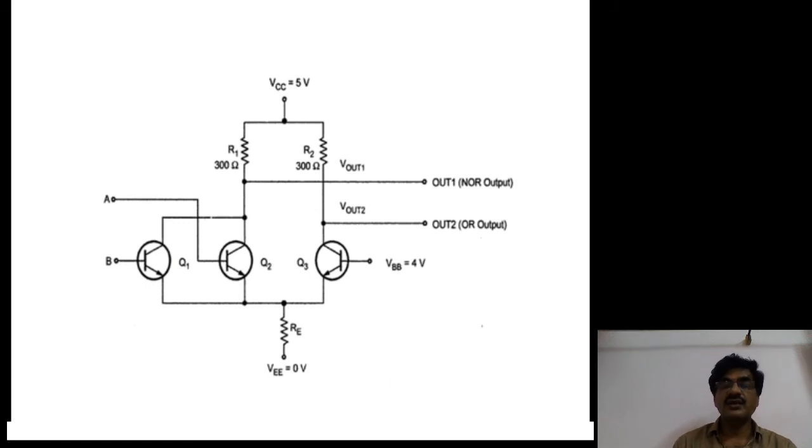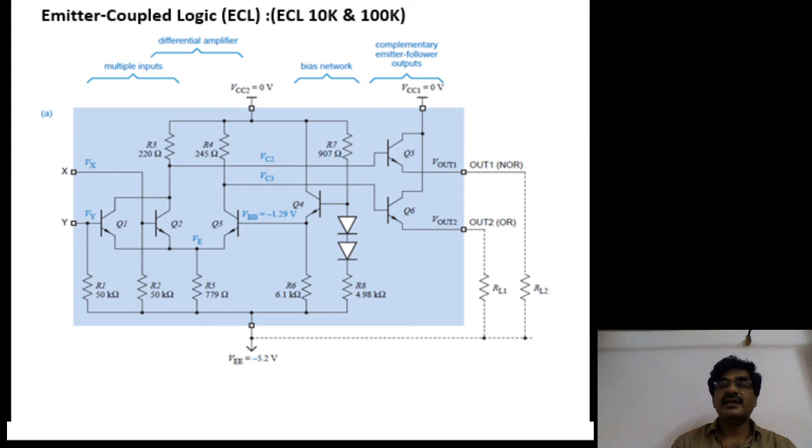Let us see the ECL family notation, the 10K series or 100K series. There the internal diagram appearance is like this. If you observe up to this part, up to transistors Q1, Q2, Q3, the circuit diagram is the same as what we saw in the previous slide.